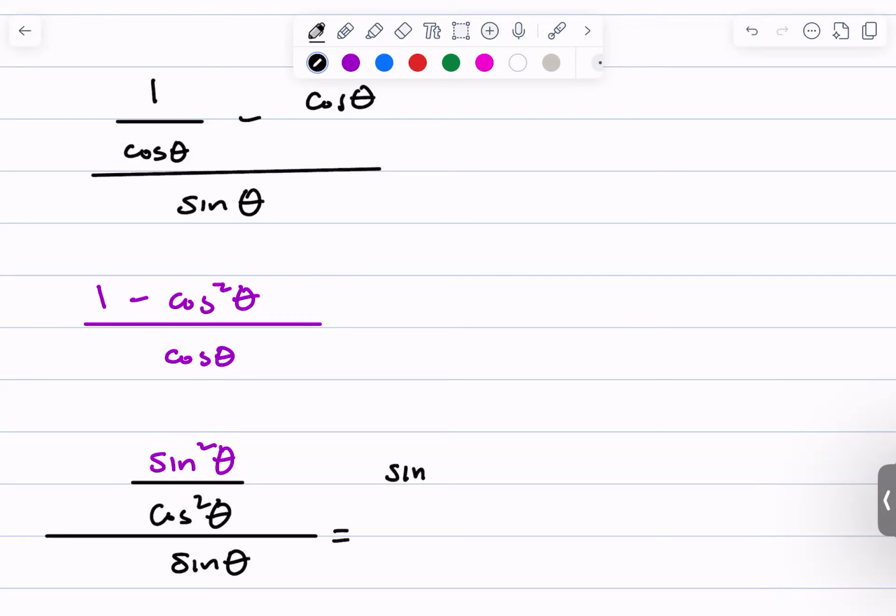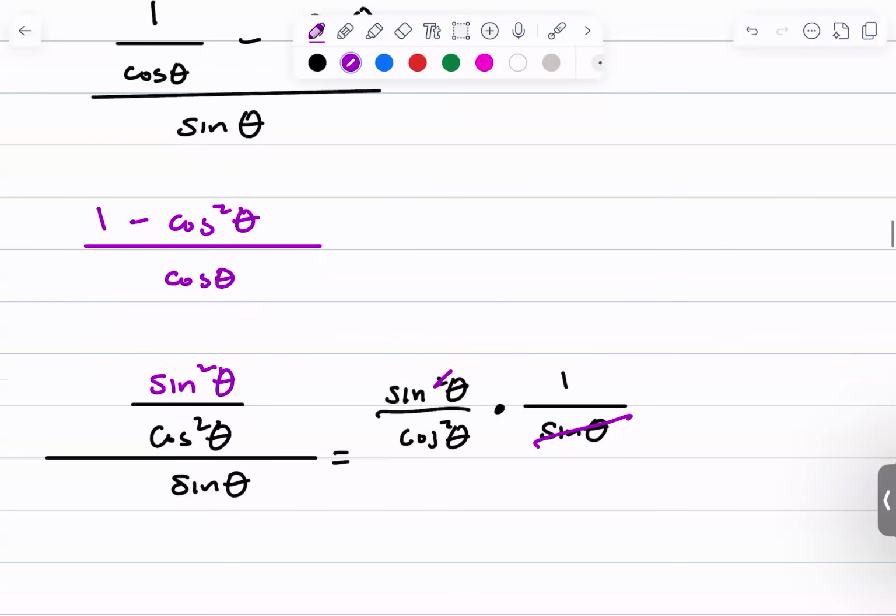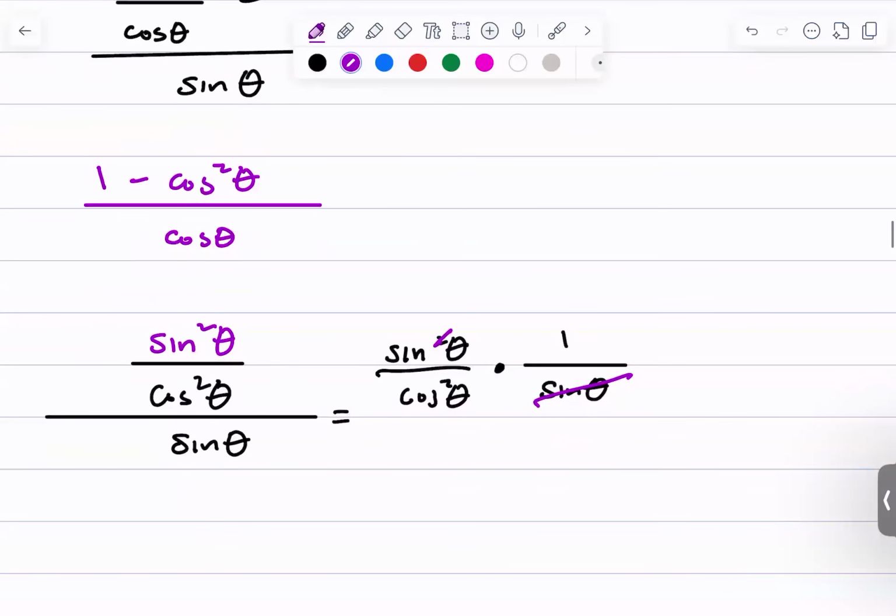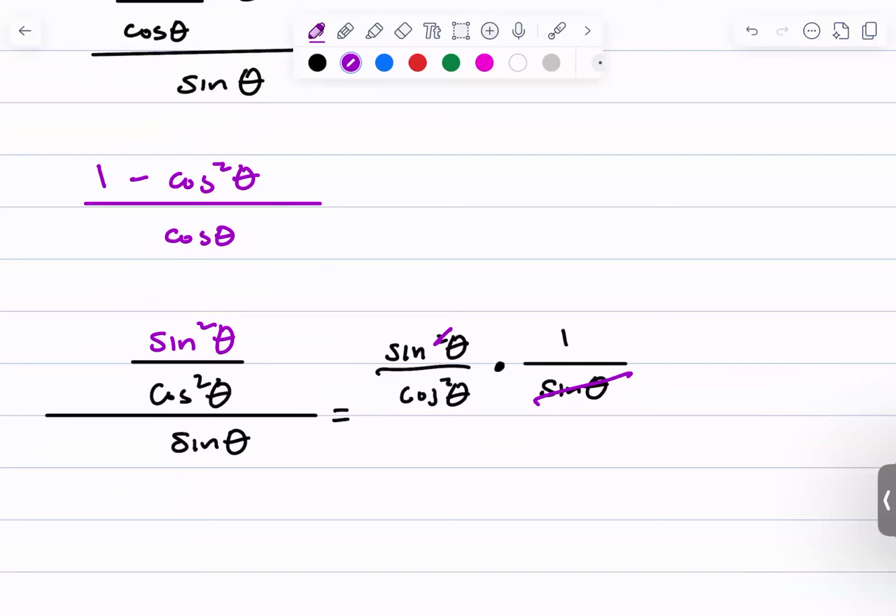Keep, change, flip. Keep it, change it, and flip it. So one of the sines cancels out with the sine on my denominator.